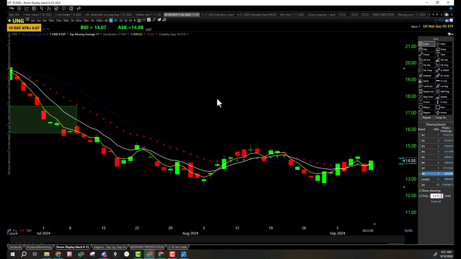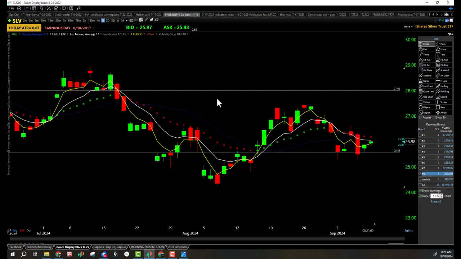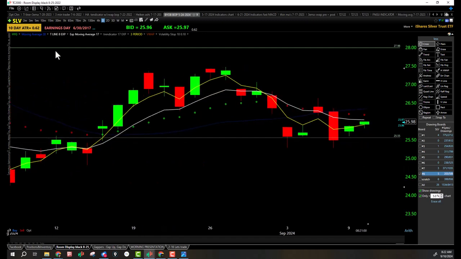Let's take a look at precious metals, silver and gold, both in uptrends. Gold looking a little bit stronger than silver. Silver price action, inside day, seems to be a memo that was handed out yesterday for inside days. Lower high, higher low, closing inside bearish trap under the falling 17 EMA.